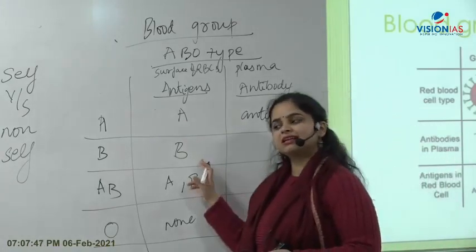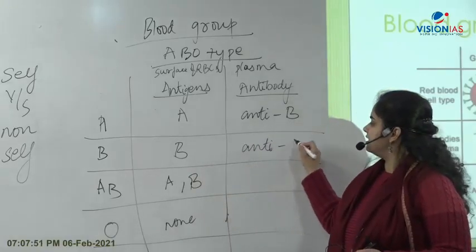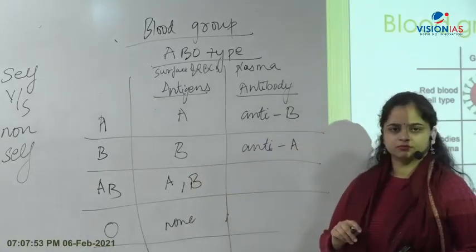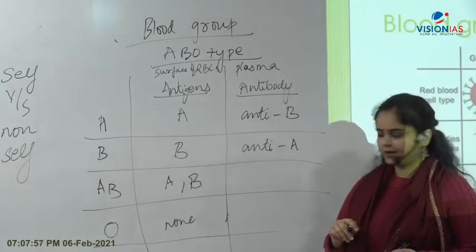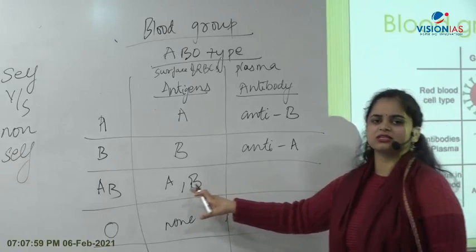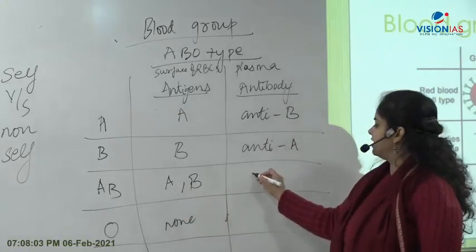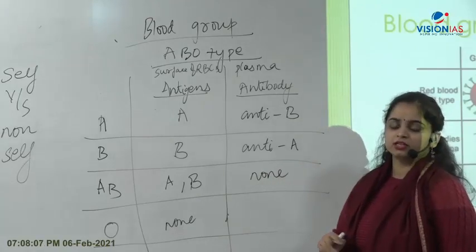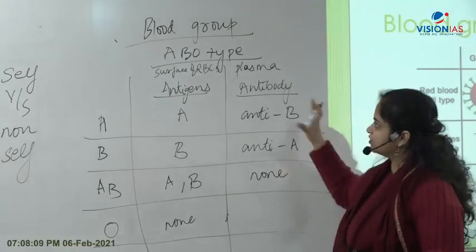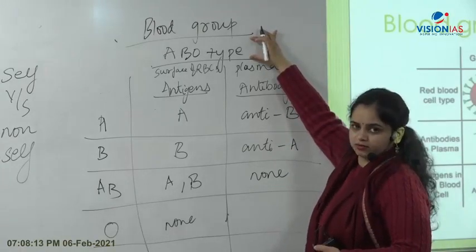Similarly, B blood group has antibody A. AB has A and also B, so it will not have any antibody. It's not that it will not have any antibody at all. We are just talking in reference to the blood group antibodies.